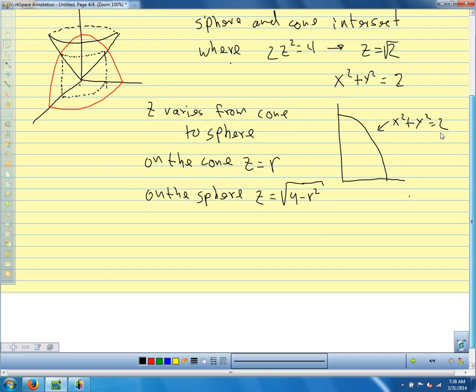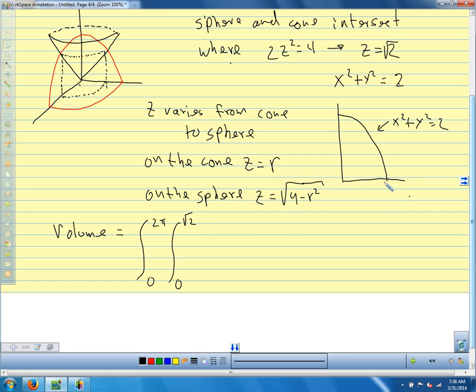And now we can put everything into our integral. So the volume is going to equal the integral. Theta is going to vary from what to what on our region? 0 to 2 pi. We have a circle, x squared plus y squared equals 2. R goes from 0 to square root of 2.